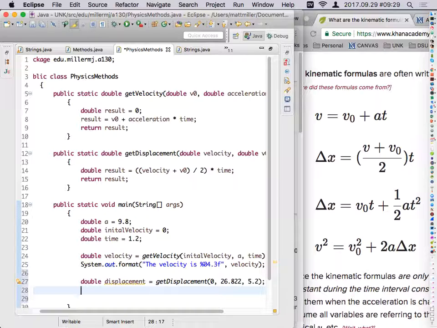Okay, so let's see what his displacement is. And I'm good at copy pasting, so.